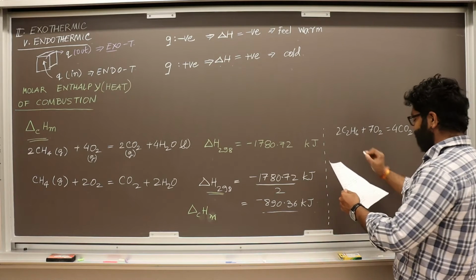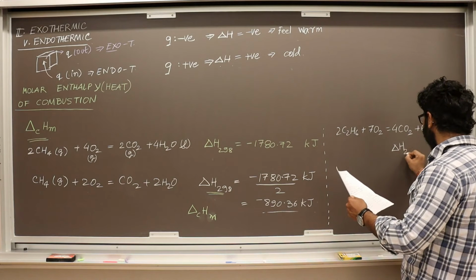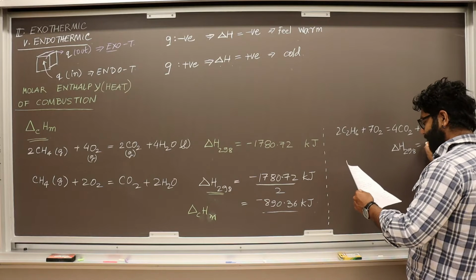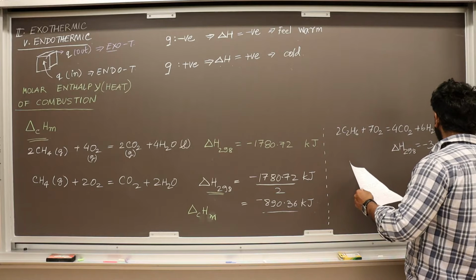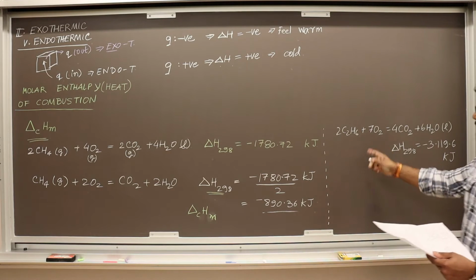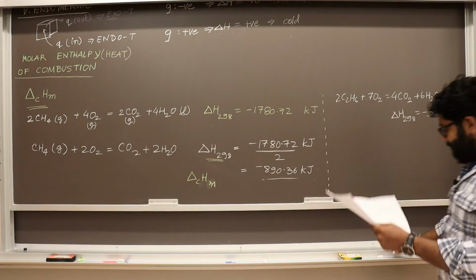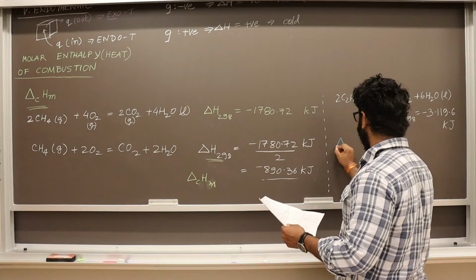This is liquid, rest are gases. And the delta H for the reaction at 298 is minus 3119.6 kilojoules. Now, if we want to find out the heat of combustion for ethane, how will you do that?